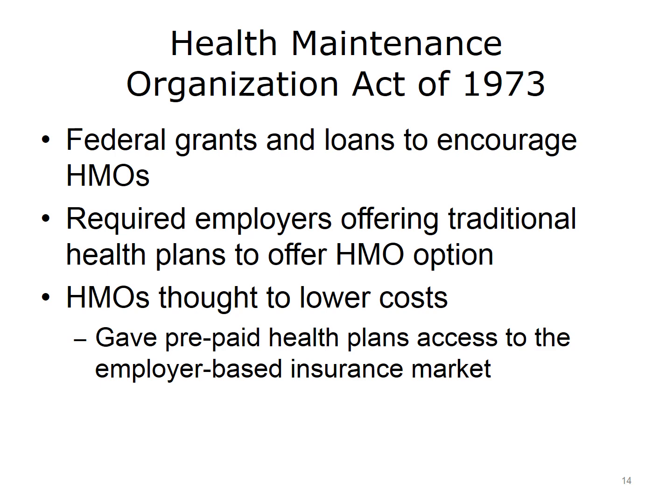HMOs were thought to lower costs by offering comprehensive hospital and physician services through a limited group of healthcare providers. The law allowed prepaid health plan companies access to the employer-based insurance market, which led to the development of today's managed care organizations and techniques.